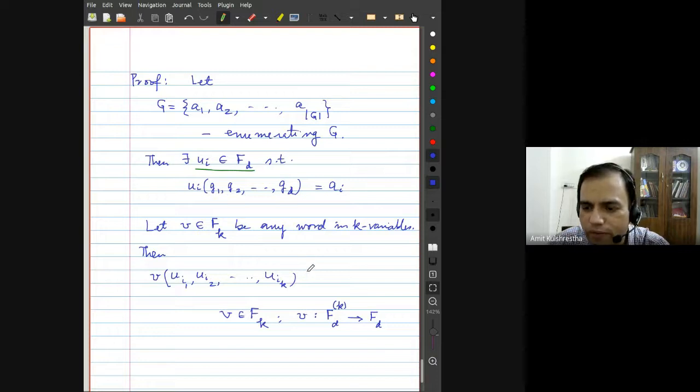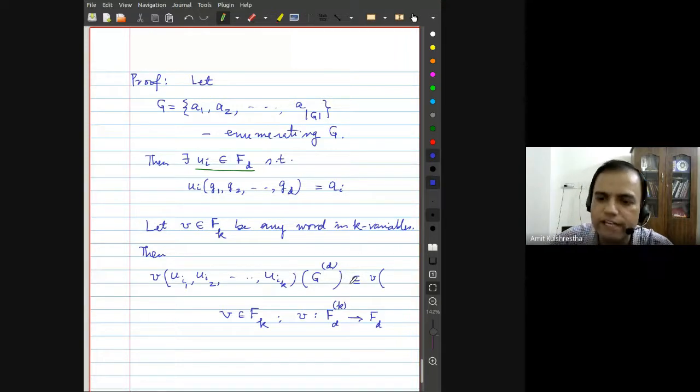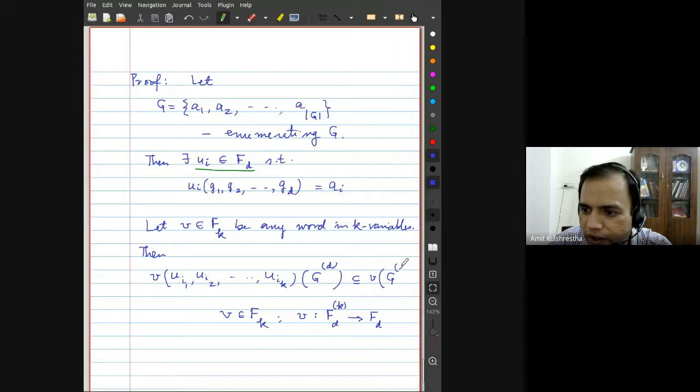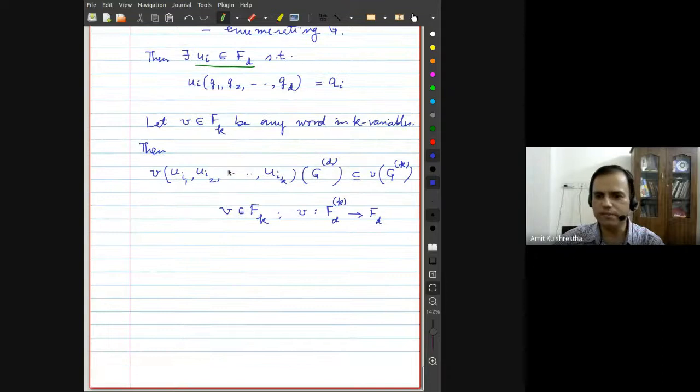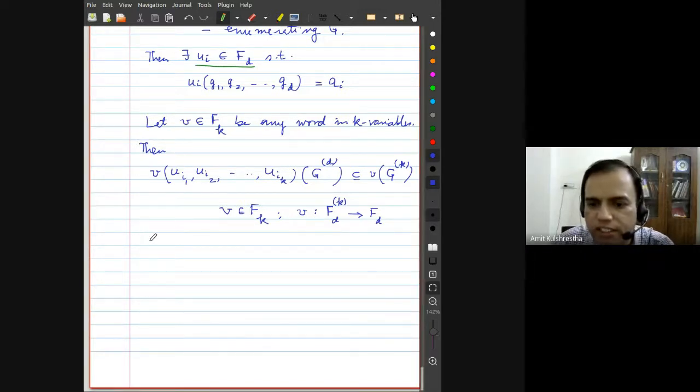So I evaluate it on D copies of G, and what I get is, on the other hand, the substitution can happen either at the level of word, at the level of the free group, or it can also happen at the level of the group G, right? So if it happens at the level of group G, then it is simply lying in the image of this. This is not difficult. Maybe the notation might look a bit cumbersome, but this is just substitution that I'm doing. I'm substituting one word in the other. Yeah. So now what we can do is we can vary these u_i's.